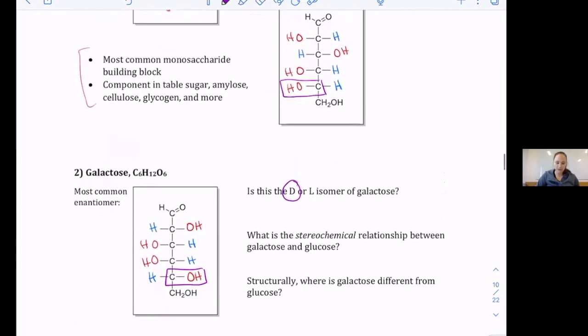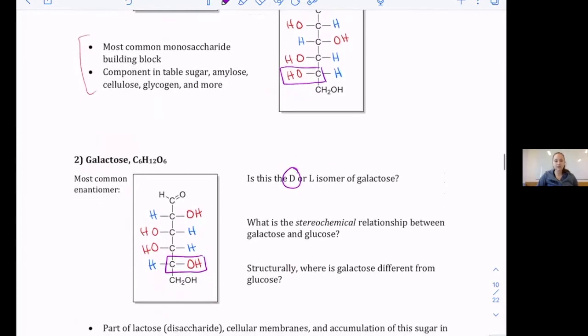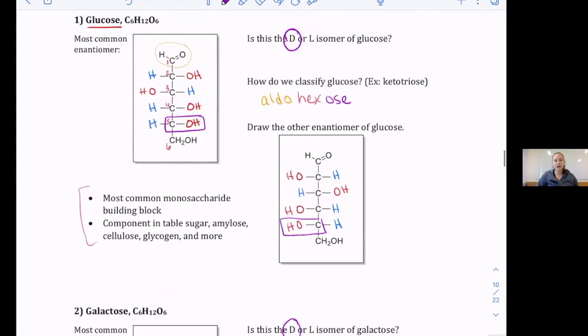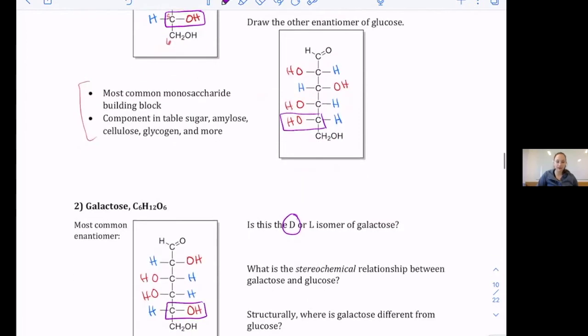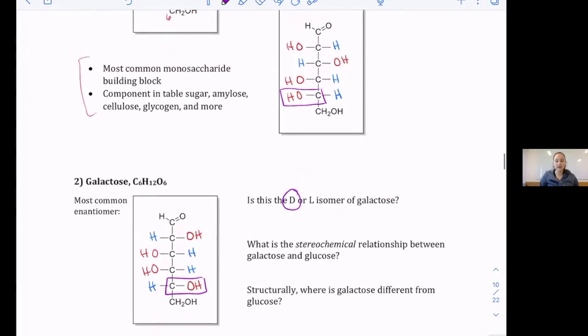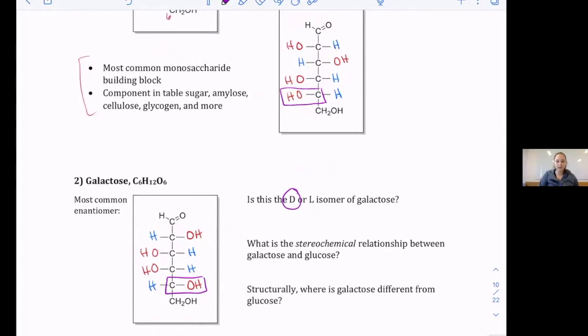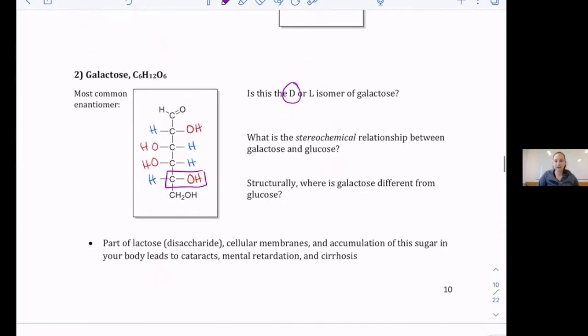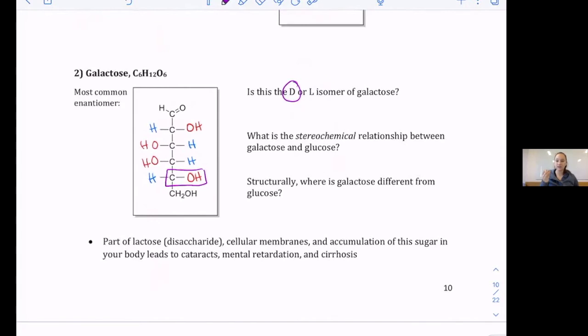Carbon number 4 flips. We had left, right, left, left. Now we have left, right, right, left. So the only difference is that one particular stereo center, or one particular chiral carbon center, swapped. So the relationship between glucose and galactose is then diastereomers.